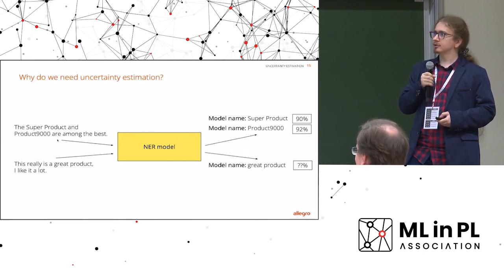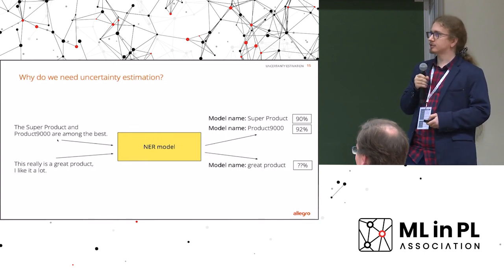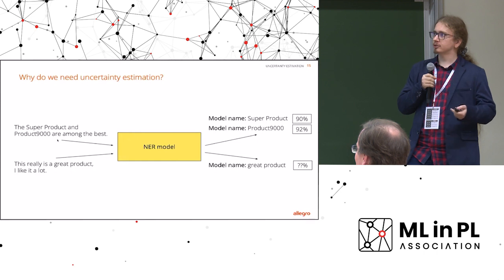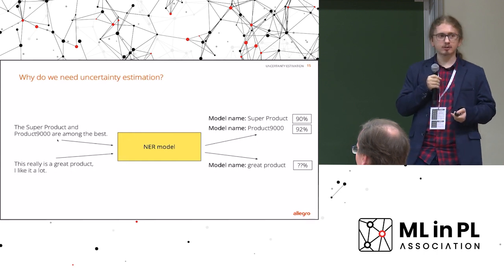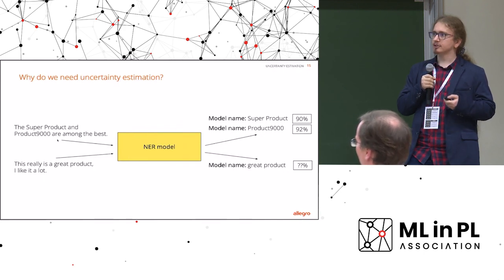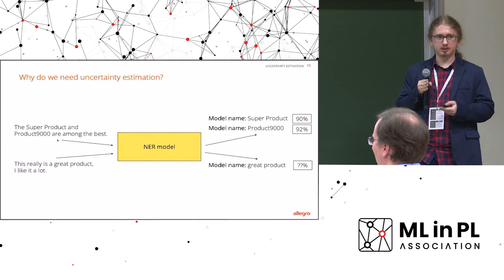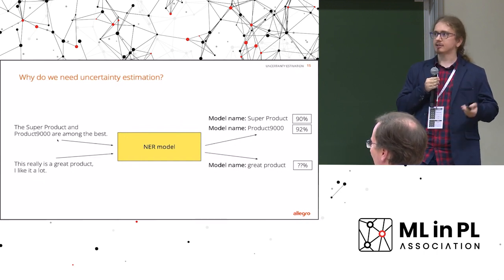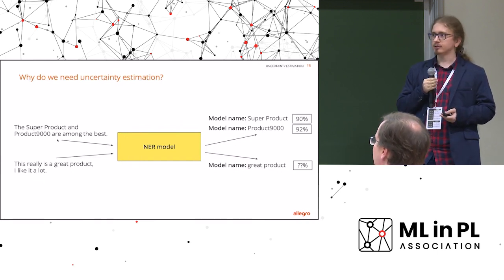And also this can be useful for active learning. So we could use some uncertainty measure as an acquisition function in active learning. After testing some data set, we can evaluate the uncertainty and find which class is the most uncertain one, and then ask our annotator to give us more examples from this uncertain class.